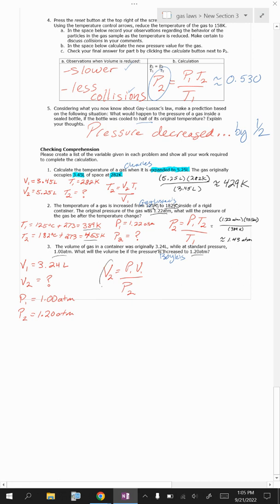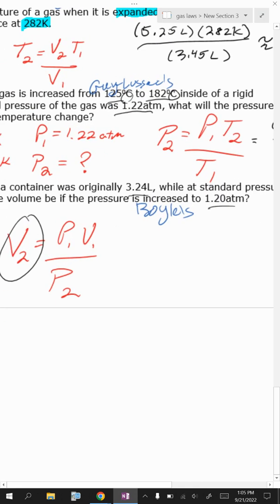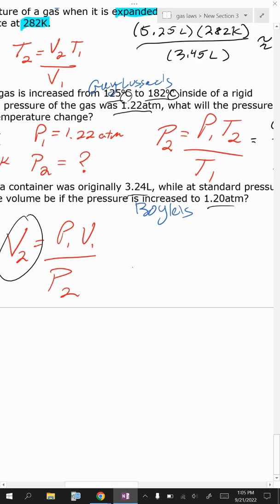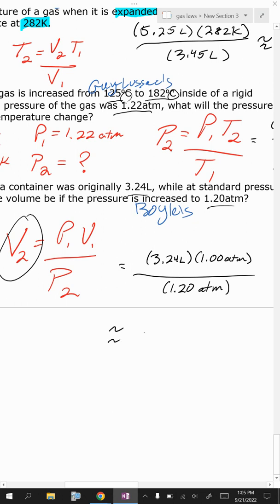If you're solving for V2, you can say that it's P1 times V1 divided by P2. So let's substitute in and solve that. I'm going to say that's equal to 3.24 liters times 1 atmosphere of pressure divided by 1.20 atmospheres.